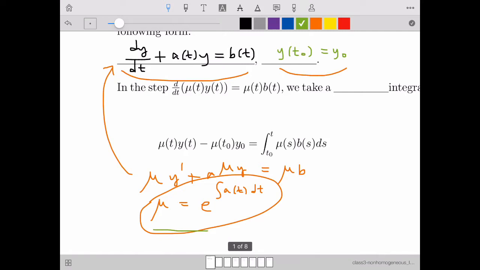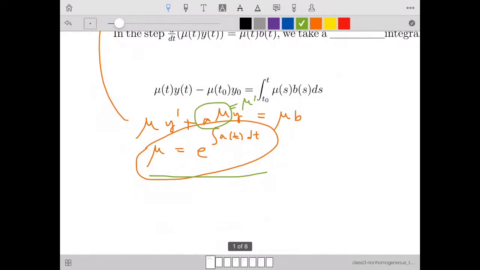And a mu is nothing but mu prime. So the left-hand side was mu y prime plus mu prime y.